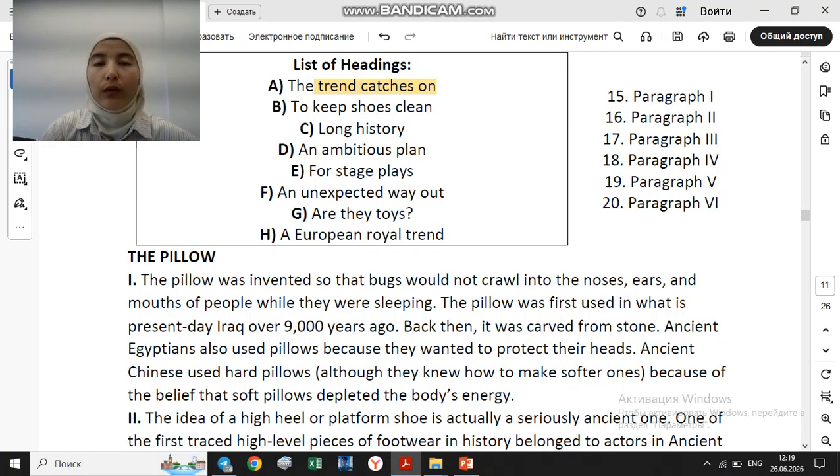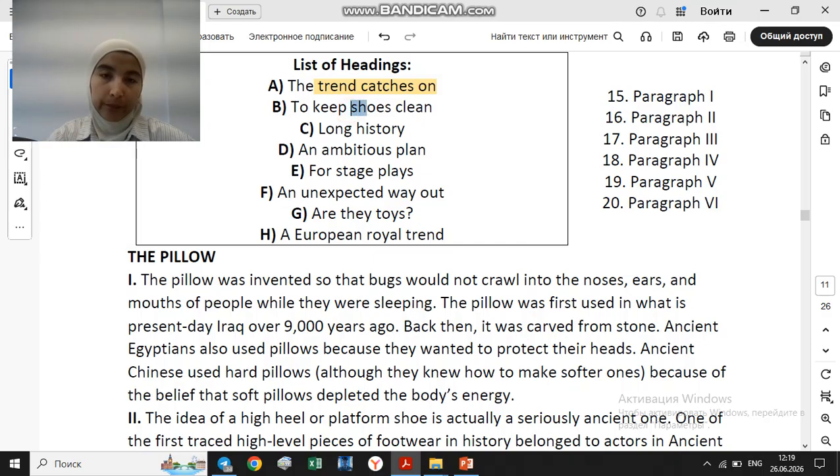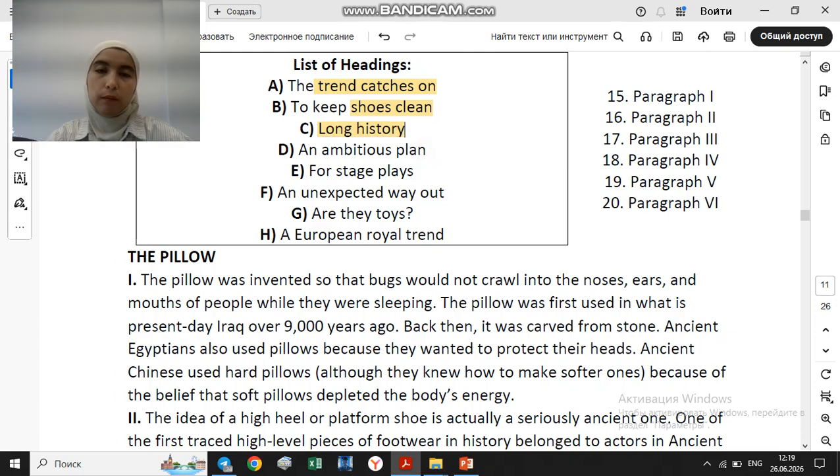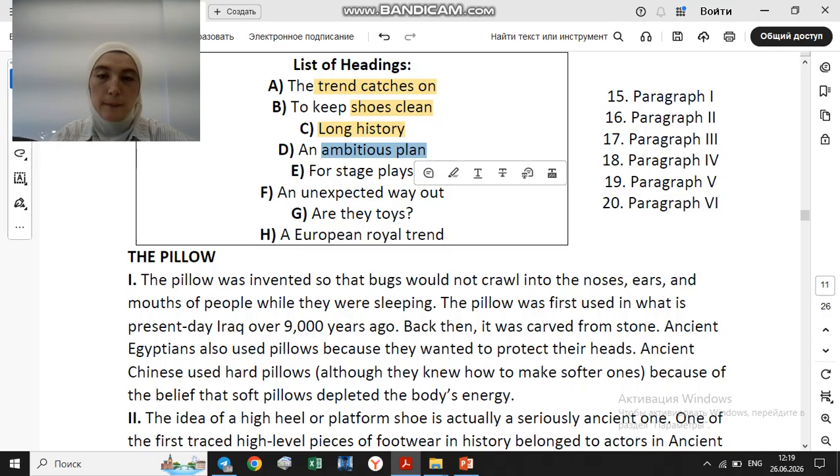The next one, to keep shoes clean. So shoes and clean, we need these words as keywords. Next one, long history. I think it's understandable, it was what I have underlined. An ambitious plan. Ambitious plan.